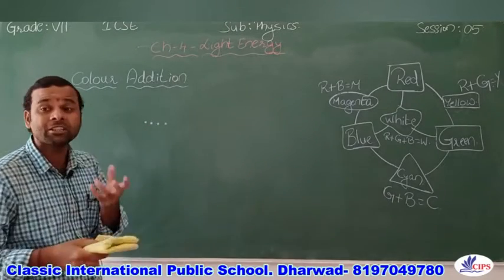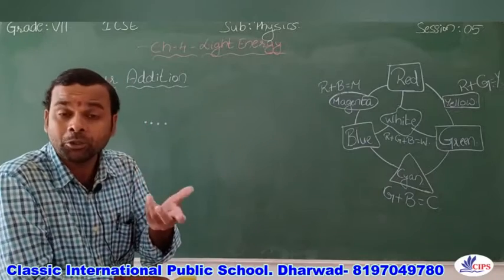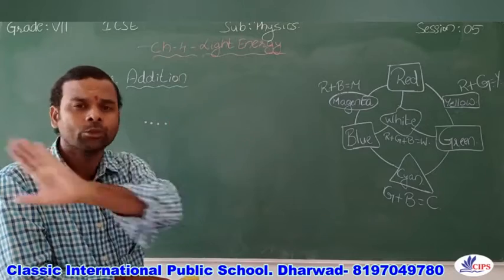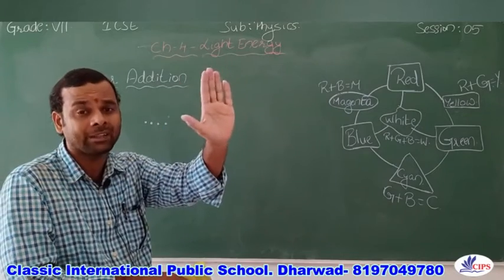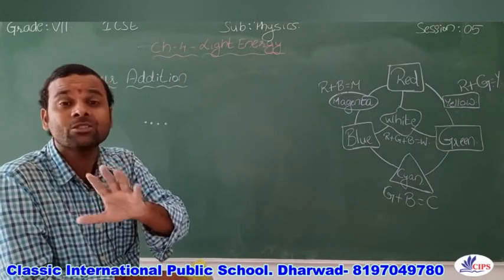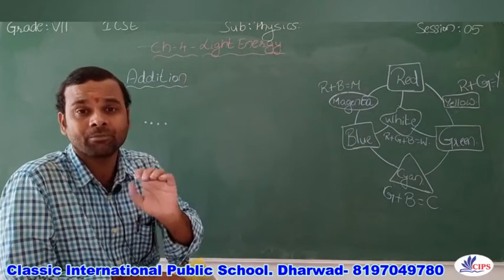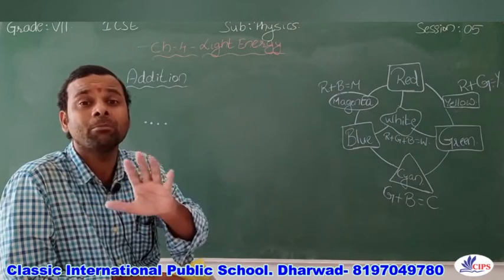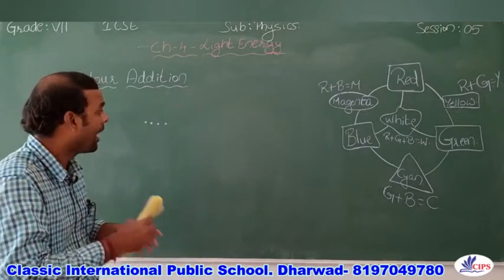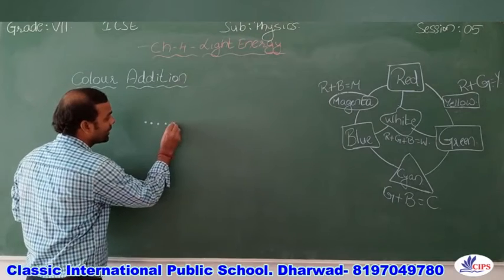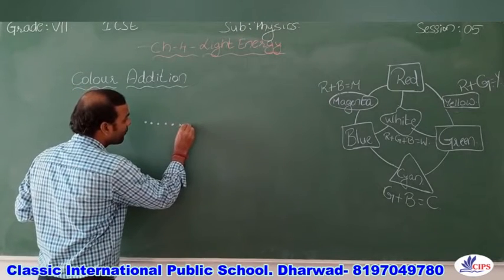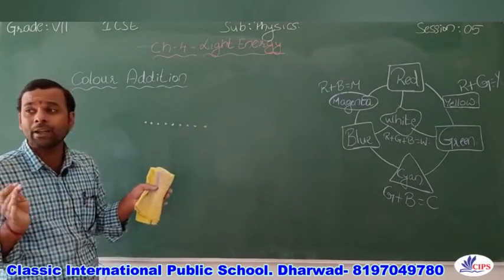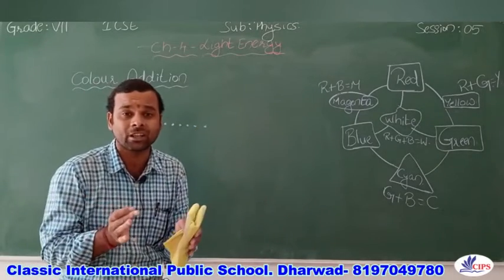When you see a TV screen or a computer monitor, do you see dots? No, right? You see a continuous glass screen, but actually it is not a continuous glass screen. You must remember that. Actually, it is a form of dots placed very close to each other.